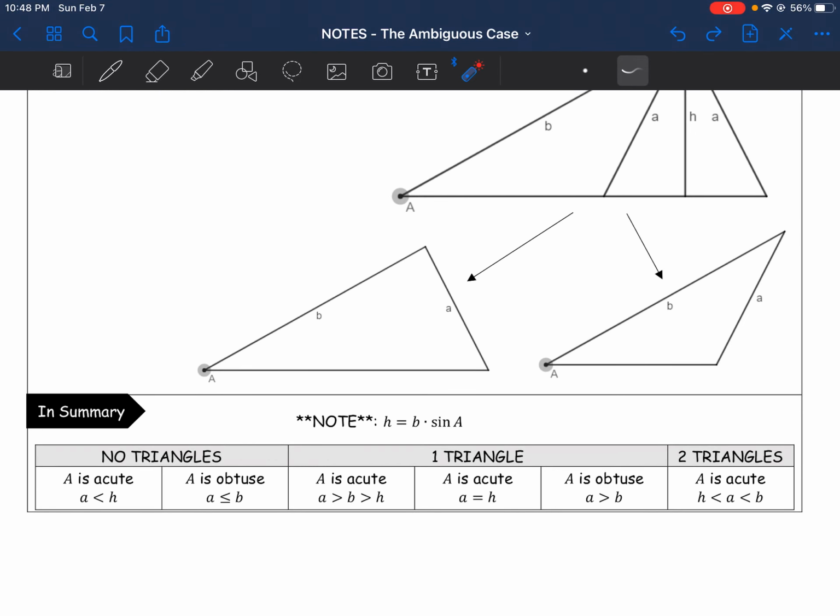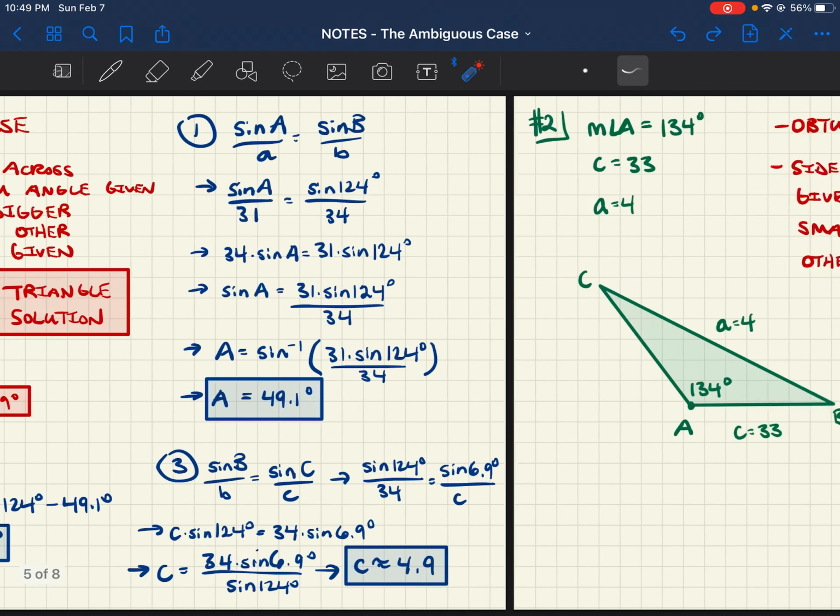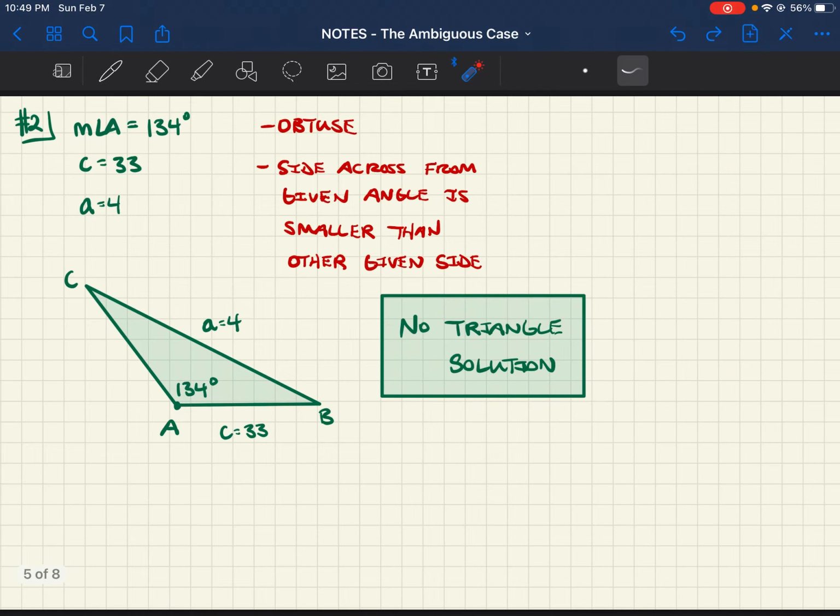Okay, so we fall into this scenario right here. Angle that was given to us is obtuse, but the side across from the obtuse angle is smaller than or equal to the side not across from the obtuse angle, which doesn't make any sense. Therefore, we have an impossible scenario. This isn't a triangle, really, there is no triangle solution.